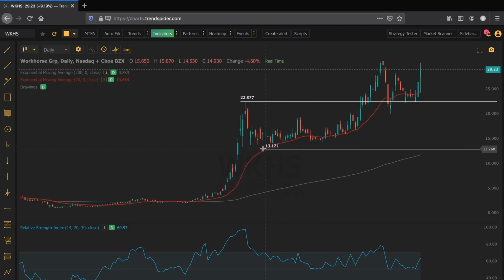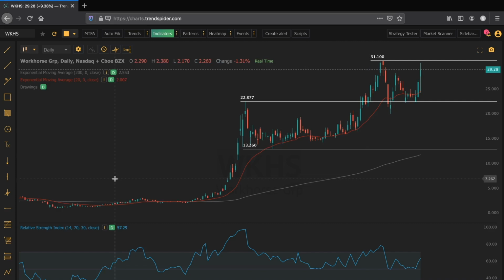That $13.40 area has now become support. So now let's continue further on. You always want to work left to right, and that will help you narrow this down. So then we finally broke over that 21 level. We can see it came down, held support, bounced back up, and now is acting as support. We always want to mark out the highs and lows for our support and resistance.